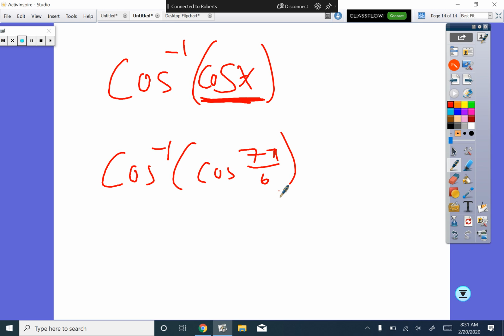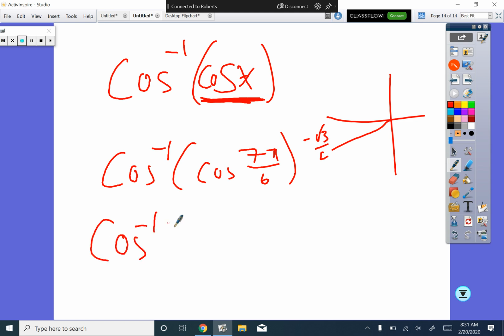The first value after pi, it would be negative root 3 over 2. Sine would be negative 1/2 there. So this would be arc cosine of negative root 3 over 2. So what is this question asking us? What angle has cosine negative root 3 over 2? Which is 7 pi 6, right?